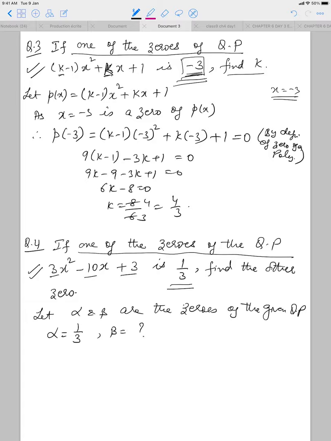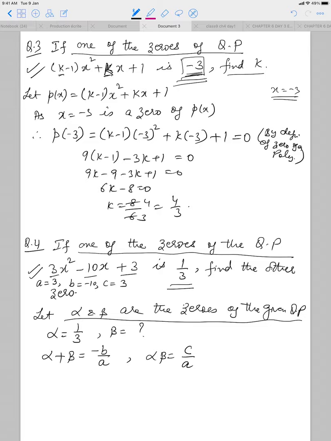Now when alpha and beta are the zeros, you know the sum of the zeros is given by the formula minus b upon a, and the product of the zeros is given by the formula c upon a. For that it is very important to find out what a, b and c are in the given polynomial. Here a is equal to 3, b is equal to minus 10 and c is equal to 3.